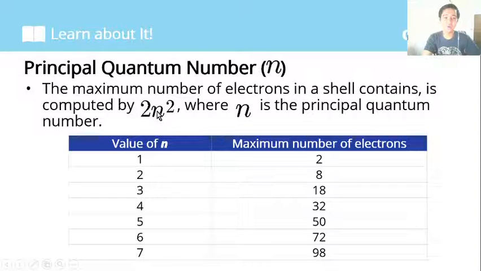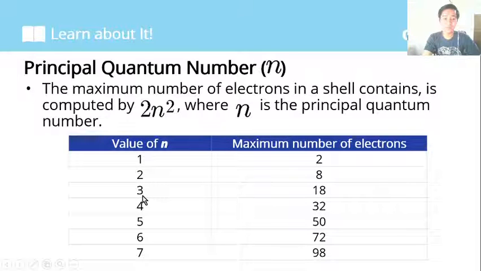Because if we substitute n with 1, that will be 1 times 1 times 2, which is equal to 2. So the maximum number is 2. If the value of n is 2, using this equation, substituting n with 2, that would be 2 times 2 multiplied by itself times 2, we get 8.